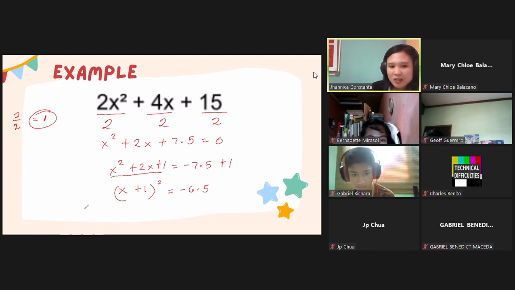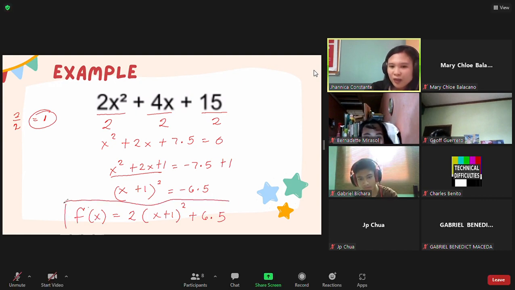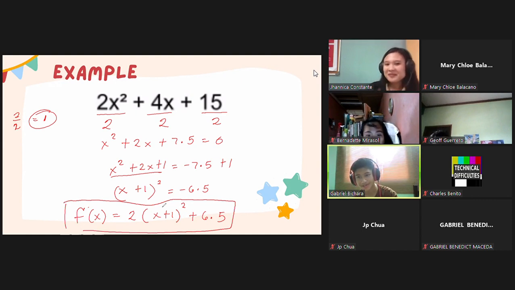So the vertex form of this equation is f of x equals 2 times x plus 1 squared plus 6.5. Okay, so that is the vertex form of our equation. Where did this mystery 2 come from?